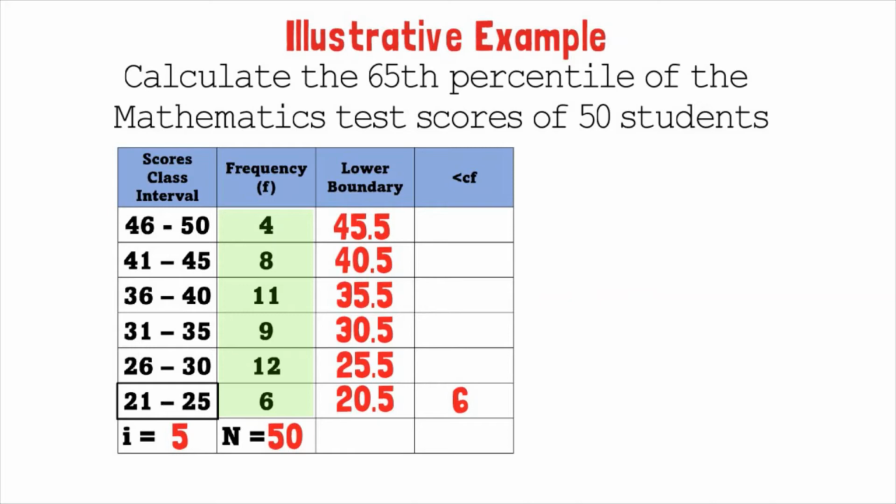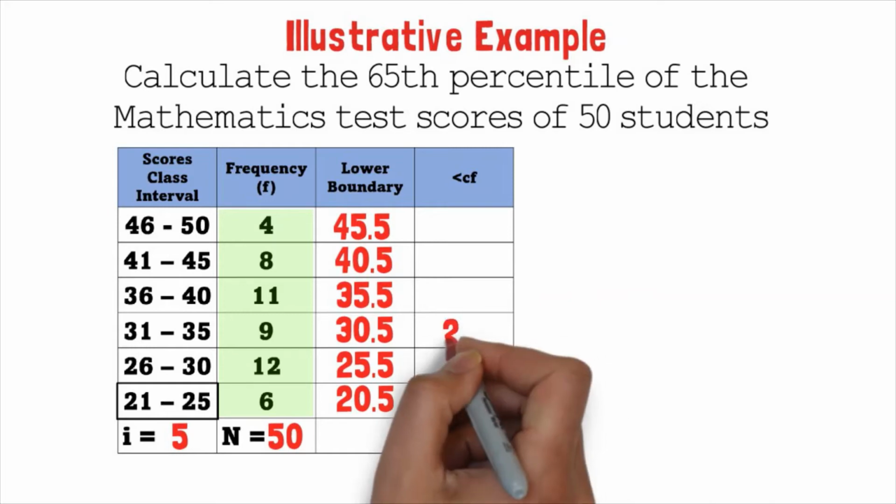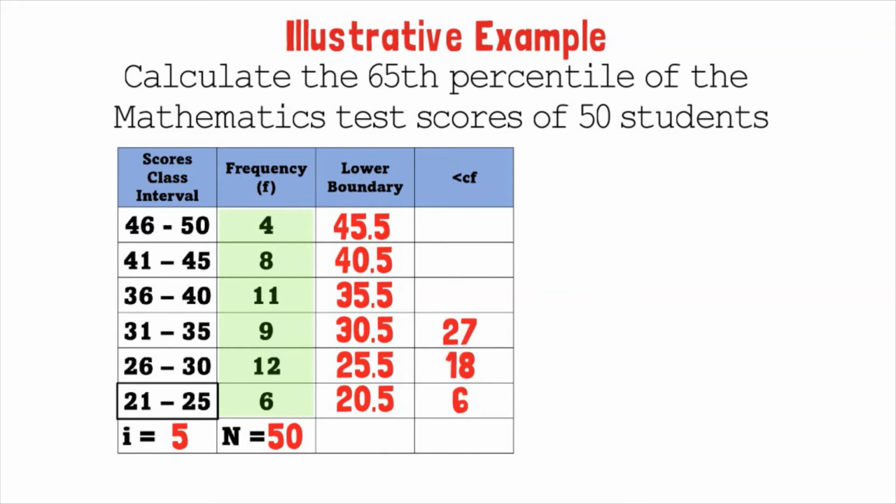So that is 6 plus 12 is equal to 18. 18 plus 9 is equal to 27. 27 plus 11 is equal to 38. 38 plus 8 is equal to 46. And 46 plus 4 is equal to 50. Remember na ang total frequency natin or N must be equal sa less than cumulative frequency ng ating highest interval.